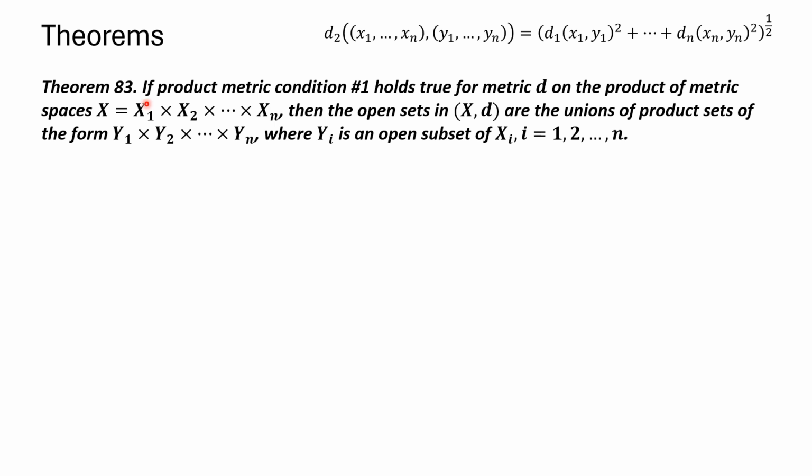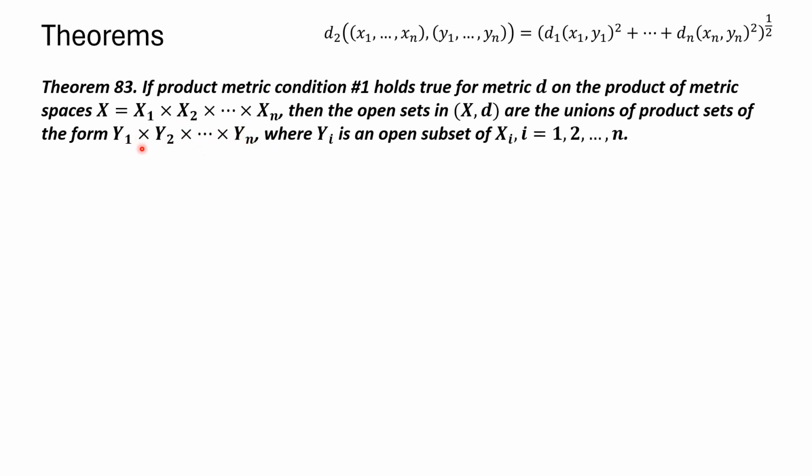So here we have it. If product metric condition 1, the one we just talked about, holds true for the metric d on the product of metric spaces we have here, then the open sets in our product of metric spaces are the union of product sets of the form Y sub 1 cross product Y sub 2 all the way to Y sub n.